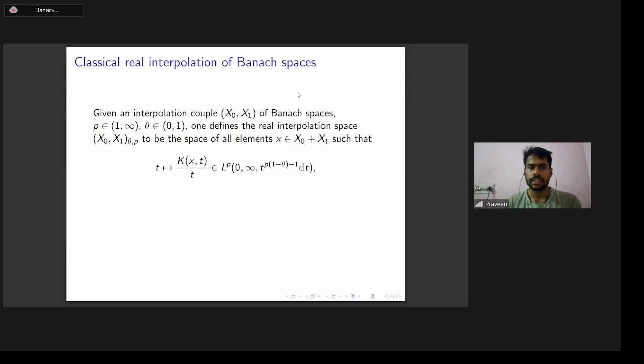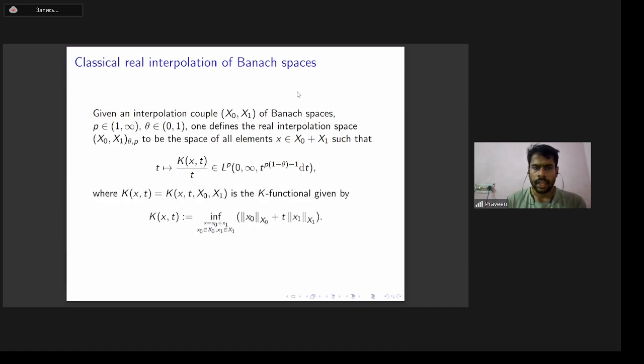Here theta is in the open interval (0,1), and p varies from 1 to infinity. Here K is the K function associated to this Banach couple, defined like this. So this is the K method to characterize the real interpolation space between a pair of Banach spaces.